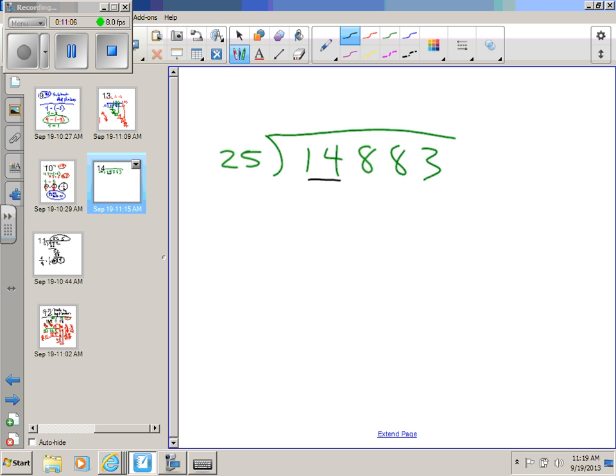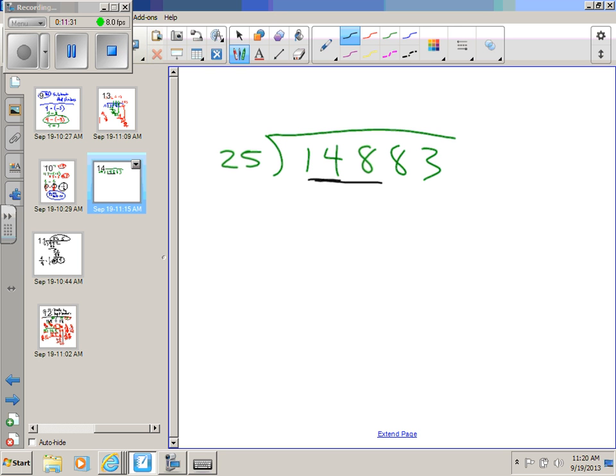Okay? If you have a 25-inch waist, can you fit into a pair of jeans that have a 14-inch waist? No. Not possible. So we need to then go over to the third one. Can 25 fit into 148? Yes. That's where I need to focus my attention.